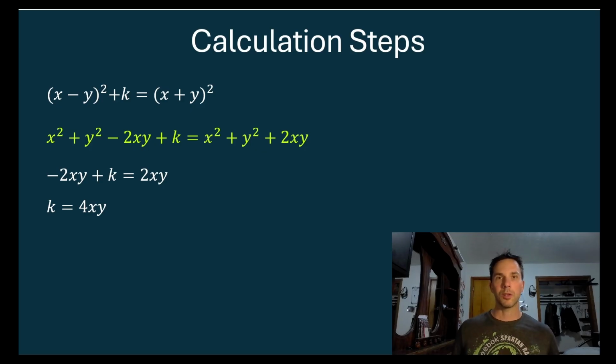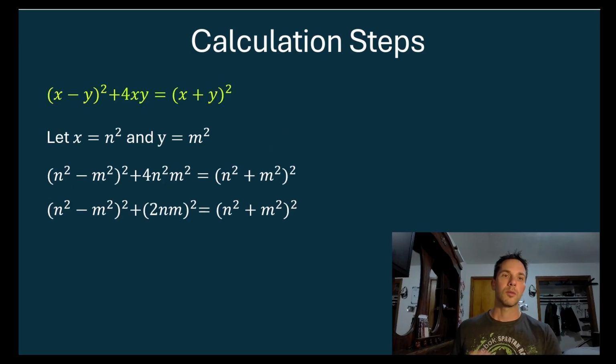We see our like terms on either side, so we can remove them. Then we end up with negative 2xy plus k equals 2xy. Once we solve for k, we get k is 4xy.